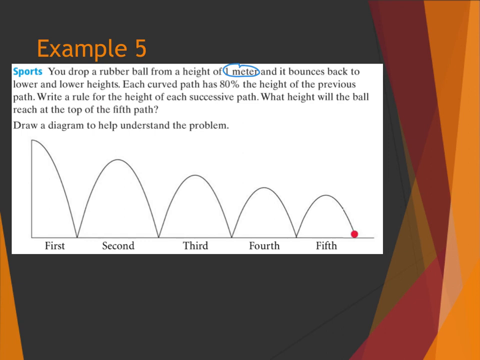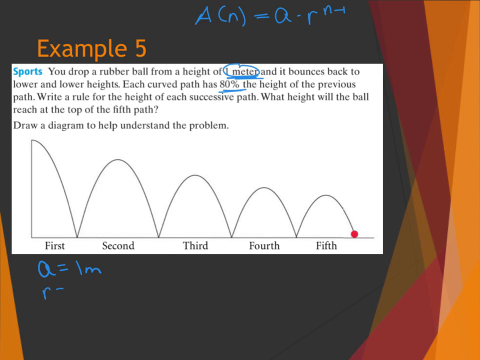And if we think of our formula here, we have A of n equals A times r to the n minus 1. So what I'm going to do is call my lowercase a that 1 meter, and that's given right here. And I know that my r value, it says it's 80% of the height.